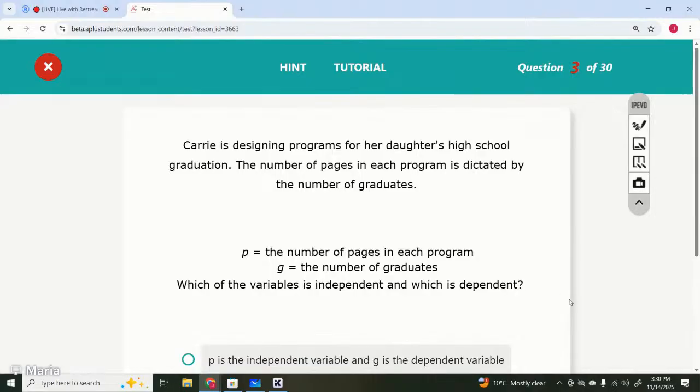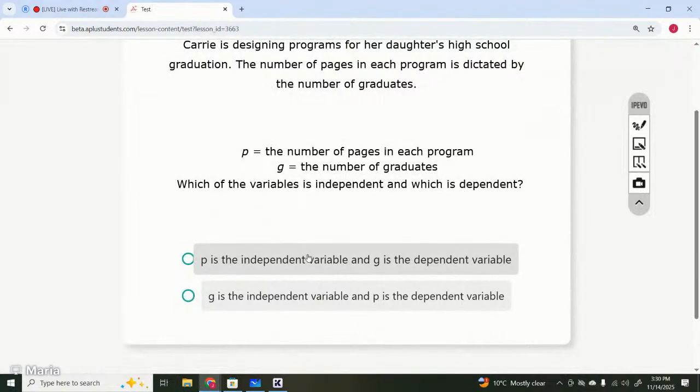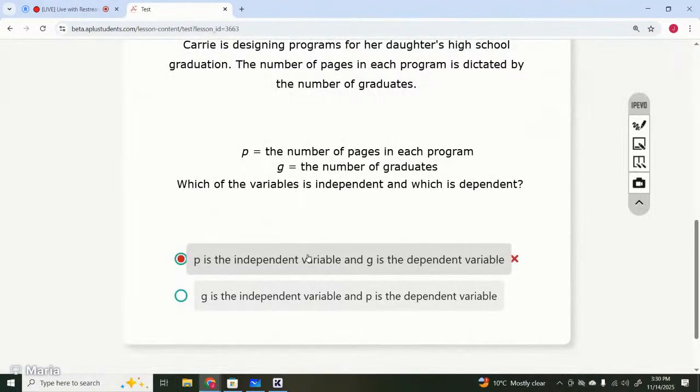That means the number of pages is dependent on the number of graduates, right? So P is the independent variable and G is the dependent variable.